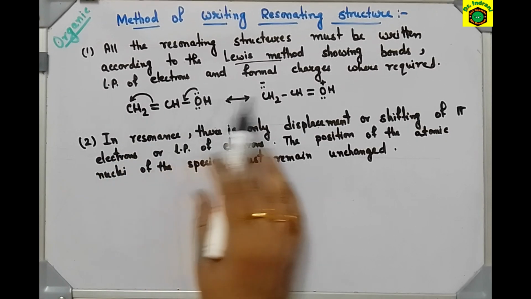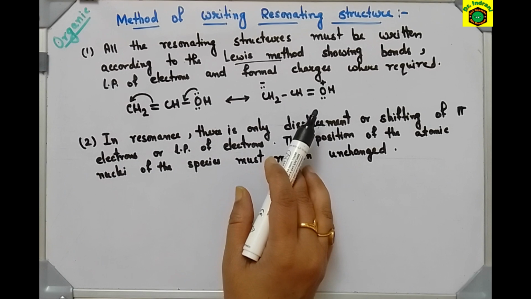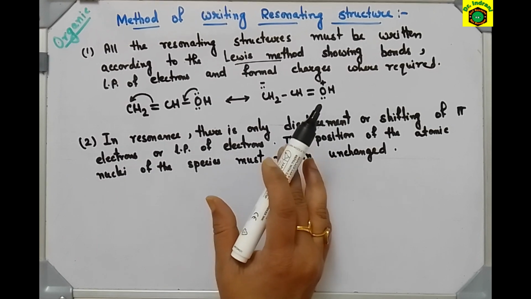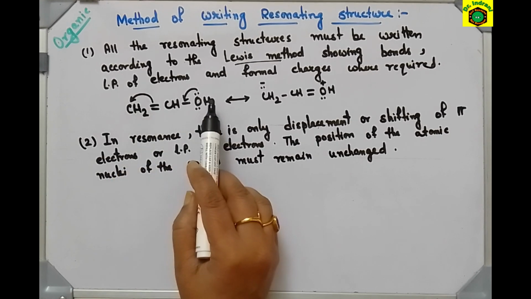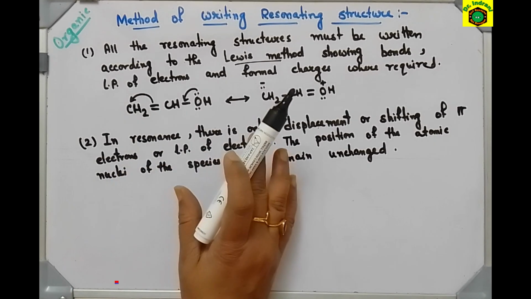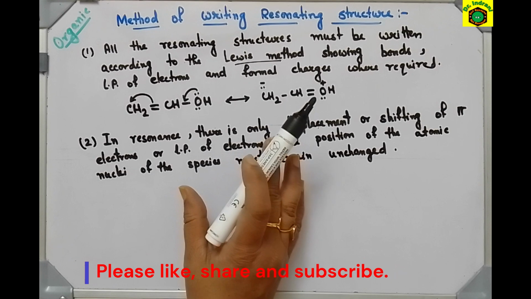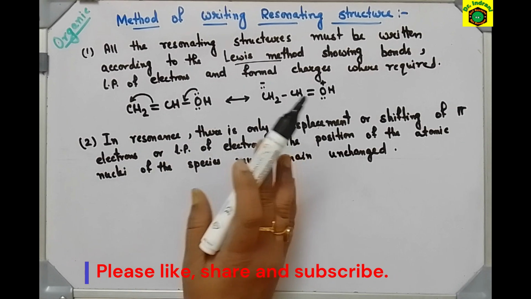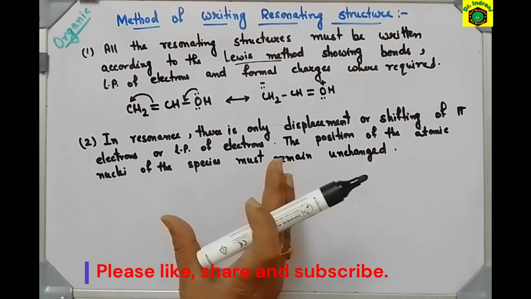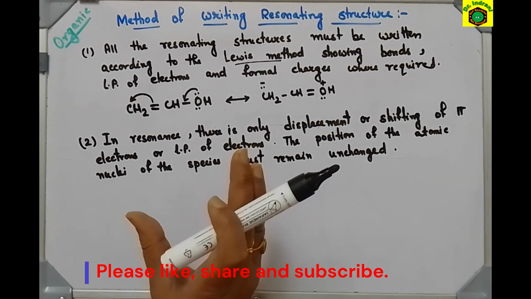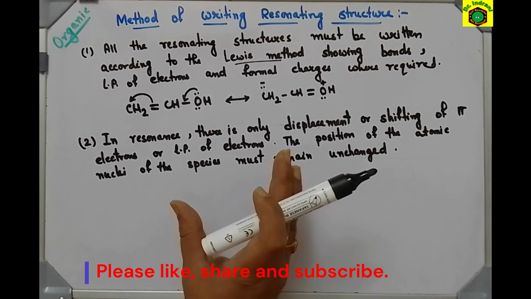Now see, when we are writing a resonating structure, you can observe that there is only shifting of pi electrons or shifting of lone pair of electrons taking place, but there is no migration of atoms. The position of the atomic nucleus must be unaltered.